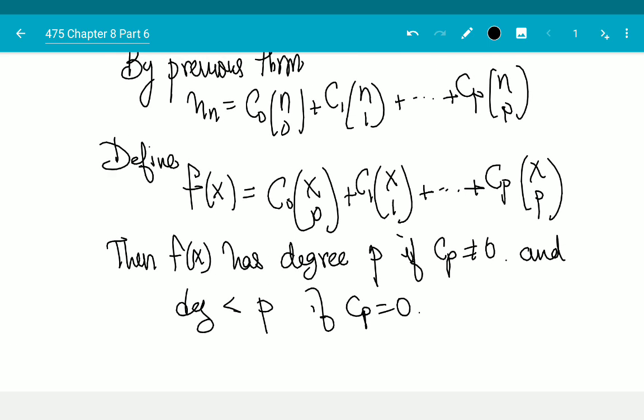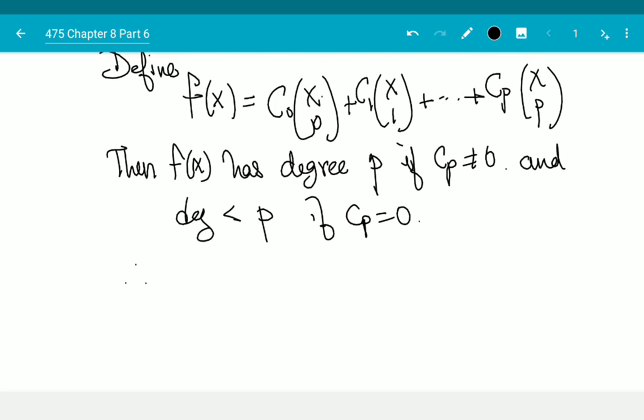In neither case is it going to have degree more than p, because we know x choose 0 is a degree 0 polynomial, which is just 1, since x choose 0 is 1. X choose 1 is just x, that's a degree 1 polynomial. X choose p is a degree p polynomial. We have seen this before.